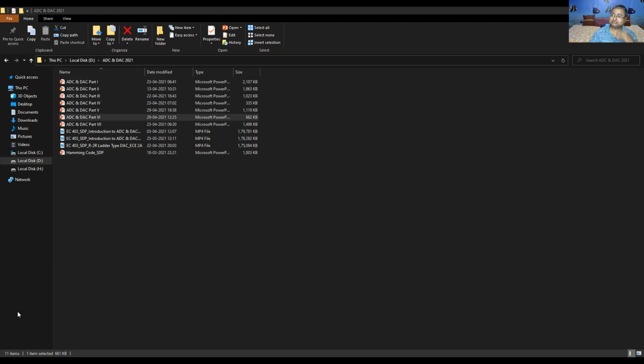The counter counts as an up counter, that means in increasing manner: 0, 1, 2, 3, 4, 5 like that.